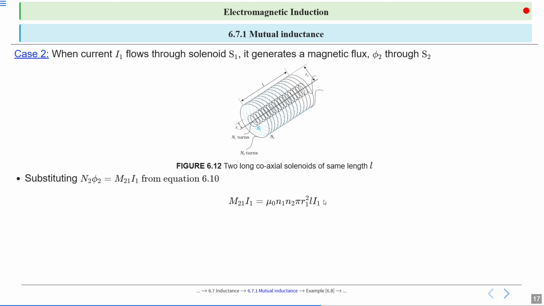So I1 is common here, so M21 will be mu naught n1 n2 pi R1 square L. You have seen that M12 also results in the same thing, mu naught n1 n2 pi R1 square L, and M21 represents the same equation. That means M12 equals M21, equation 6.11.